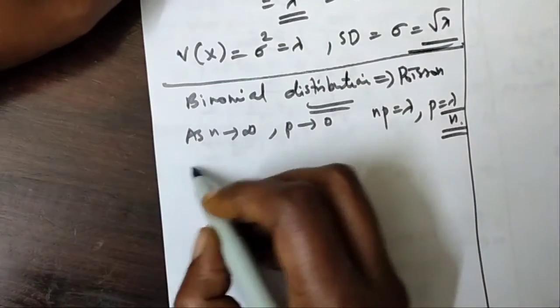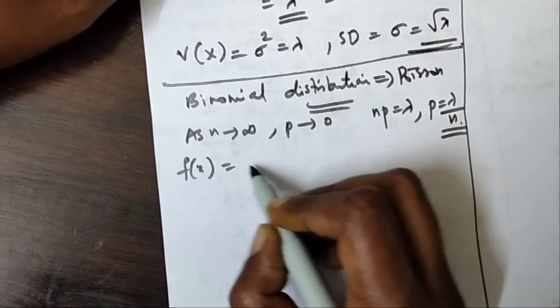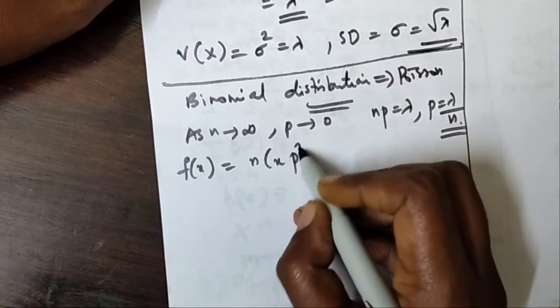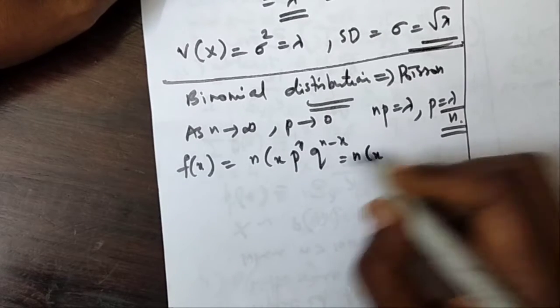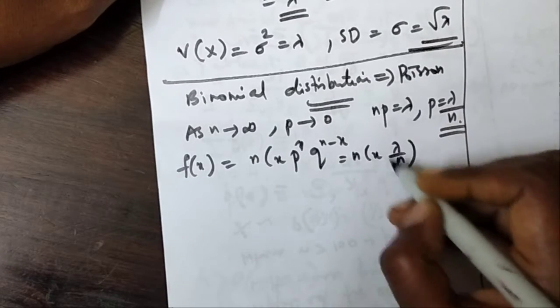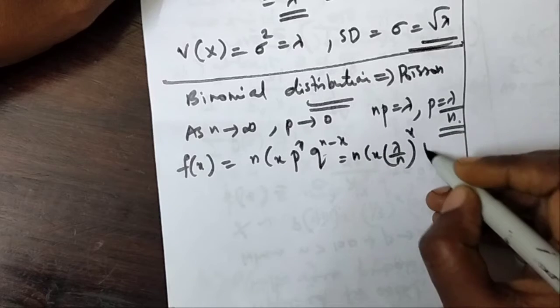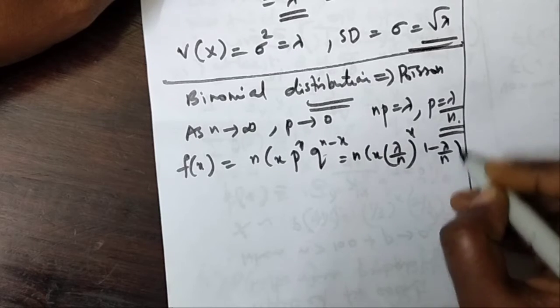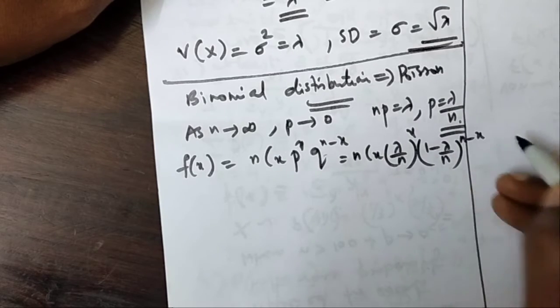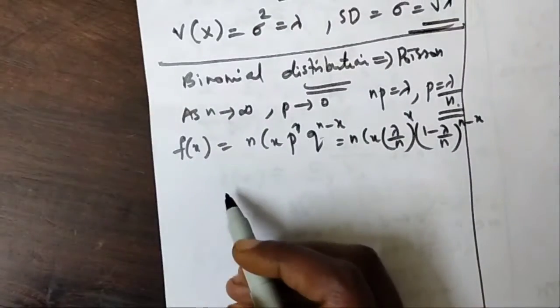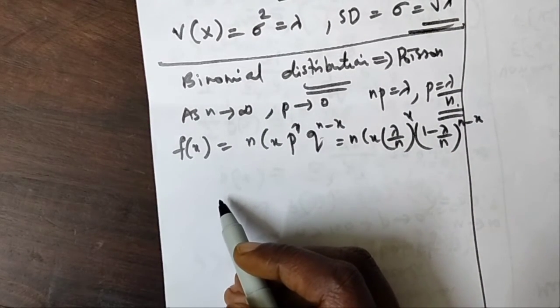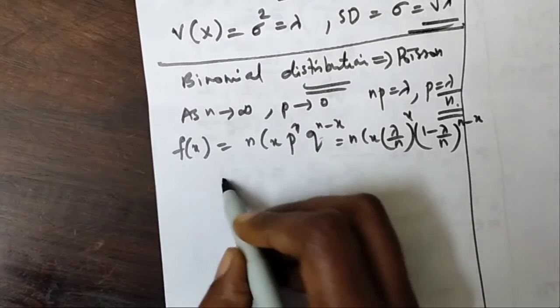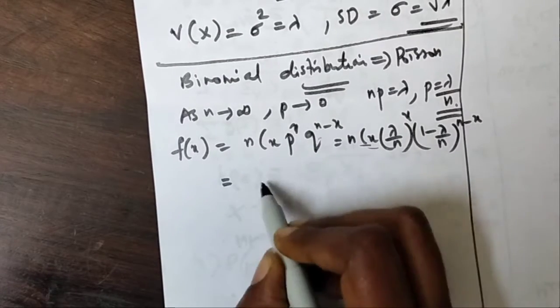So what is the distribution of binomial? It is nCx p raised to x q raised to n minus x, or it is nCx (lambda by n) raised to x, q is 1 minus p, so (1 minus lambda by n) whole raised to n minus x. So what is the meaning of nCx?